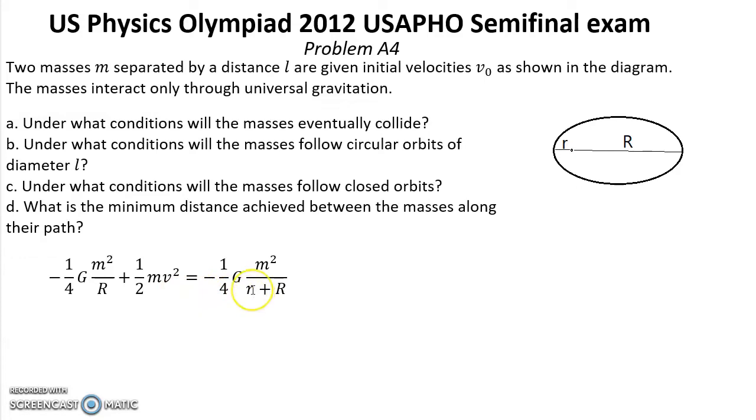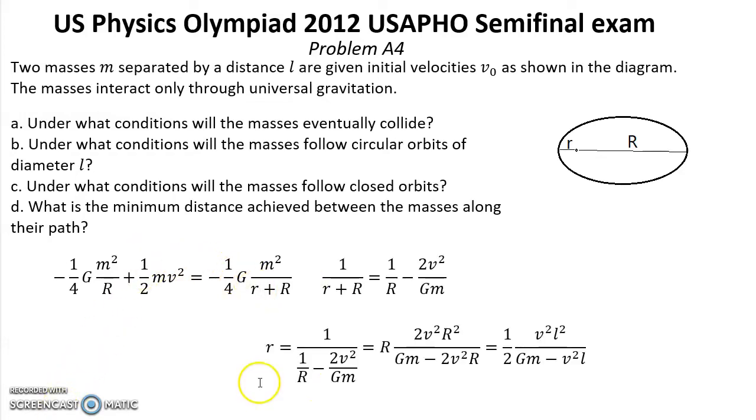And this is the smallest distance, so we can calculate it from this equation. Finally, we can find that the minimum distance r must be equal to this expression, or in previous units, this one.